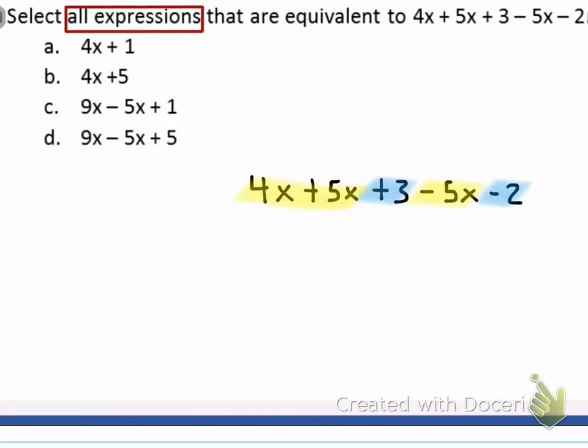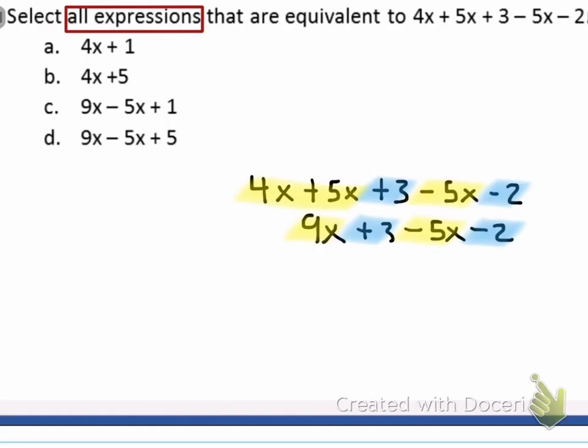So let's start combining. So this equals 9x plus 3 minus 5x minus 2. So again, I could highlight again. So again, my like terms are here and here. And then 9x minus 5x.